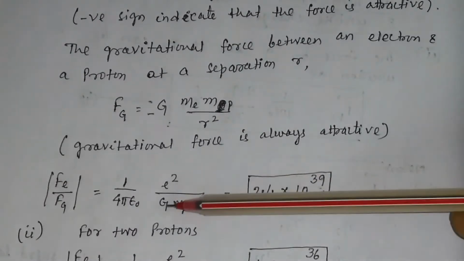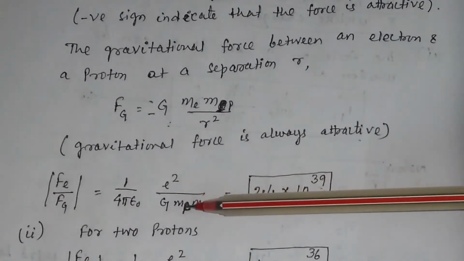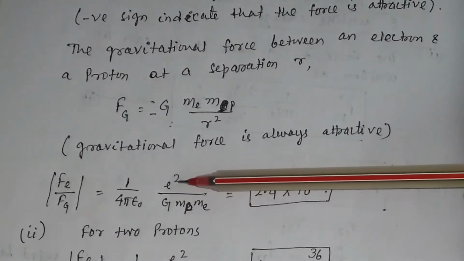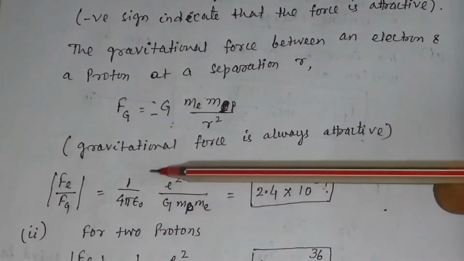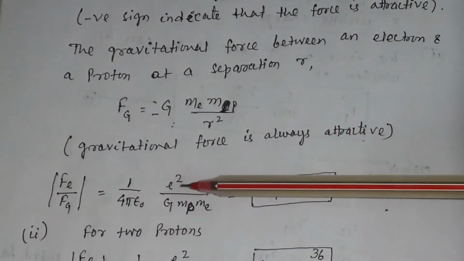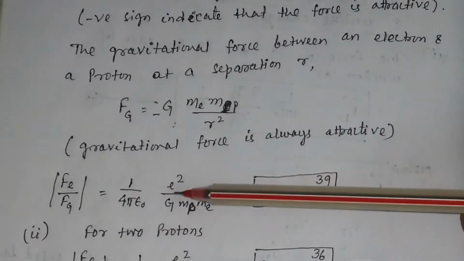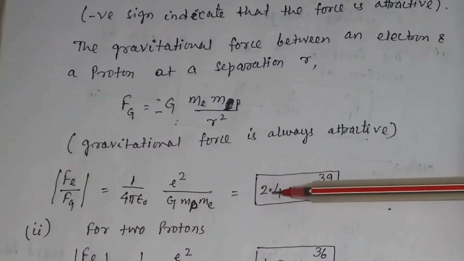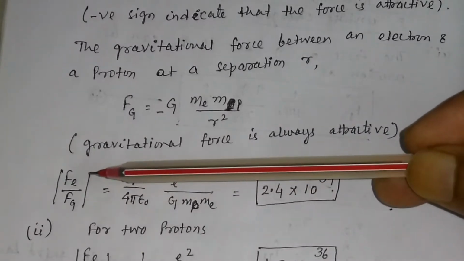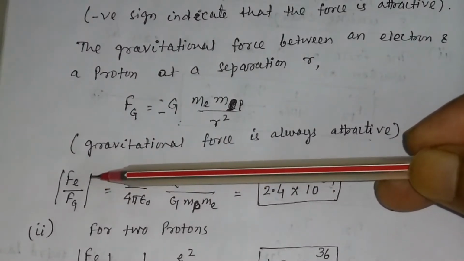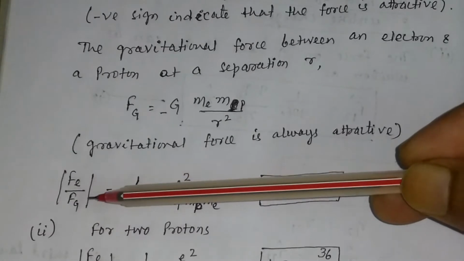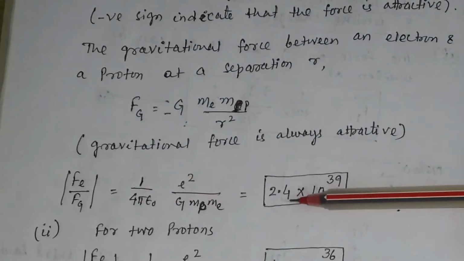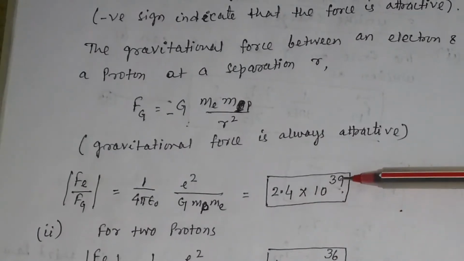If you substitute these values, mass of electron is given, mass of proton is given, charge of the electron is given, and 1/(4πε0) is known, 9 × 10^9, we get the ratio of electric force to gravitational force between electron and proton equal to 2.4 × 10^39.